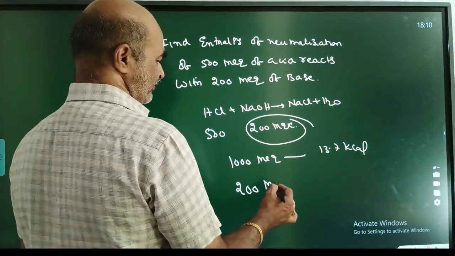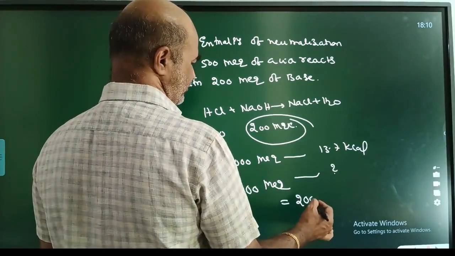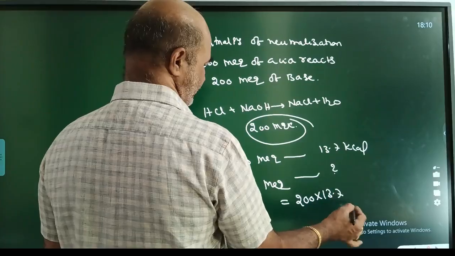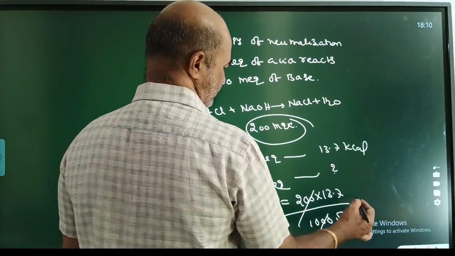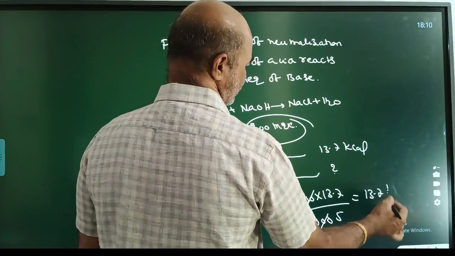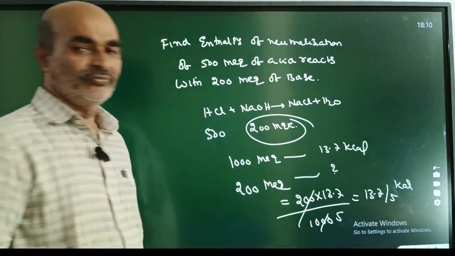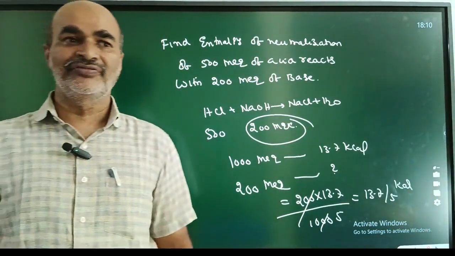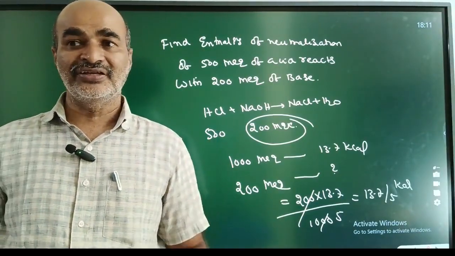For 200 milliequivalents, what is the heat of neutralization? It is 200 into 13.7 divided by 1000. Therefore, the heat of neutralization is about 2.74 kilocalories. So the heat of neutralization for 1000 milliequivalents is always constant.